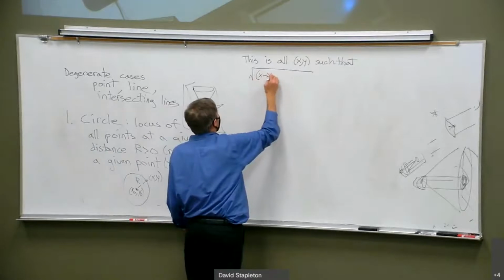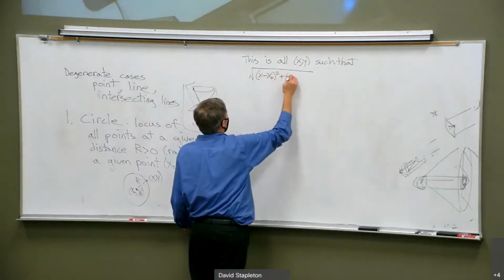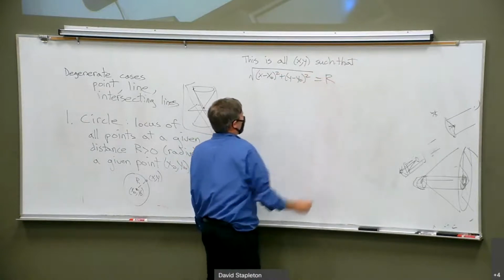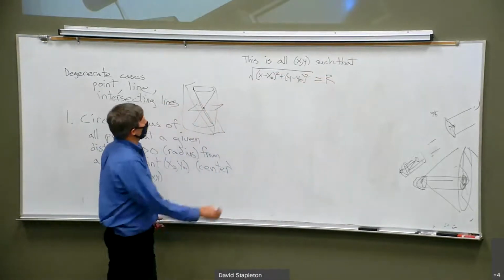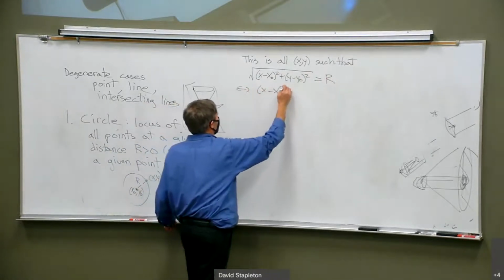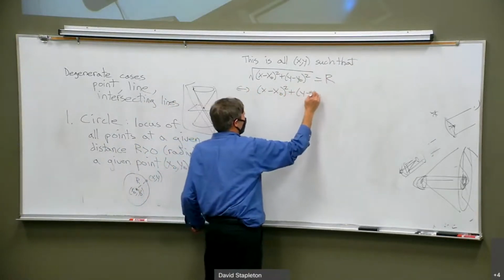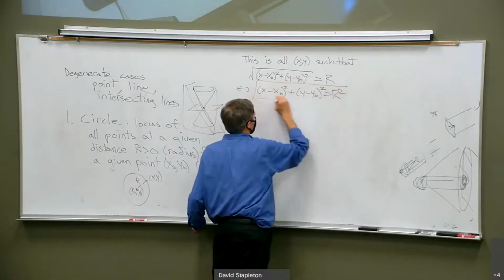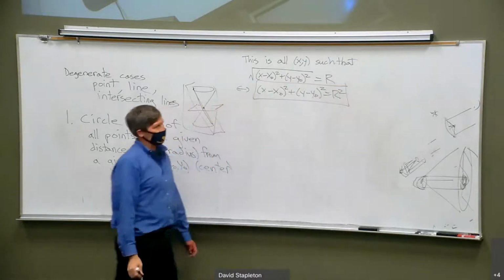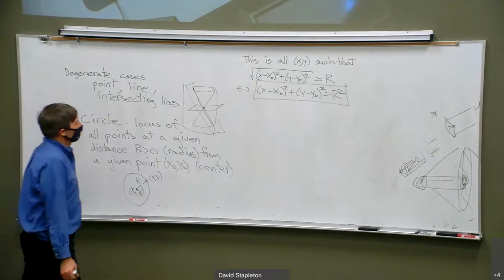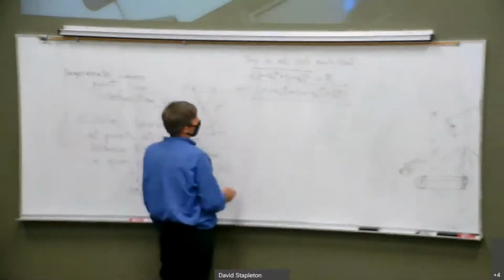The square root of x minus x naught squared plus y minus y naught squared equals r. That's the criterion for the circle. Now you square both sides and get equivalently x minus x naught squared plus y minus y naught squared equals r squared. Here's the standard equation for a circle. Whenever you see that, it's a circle of radius r with center x0, y0. So that's all with that one.